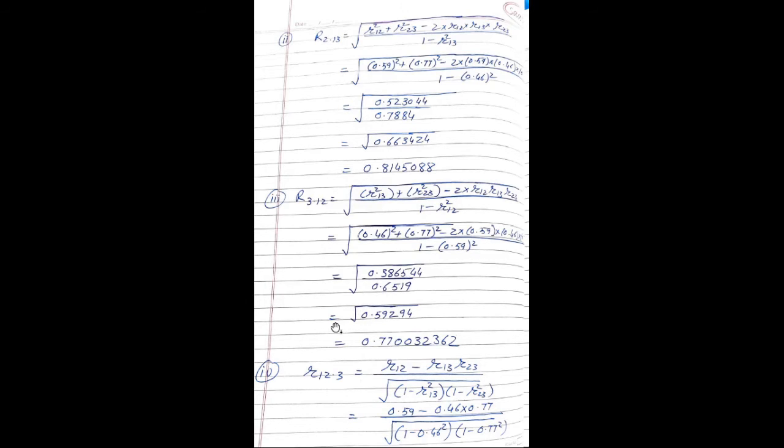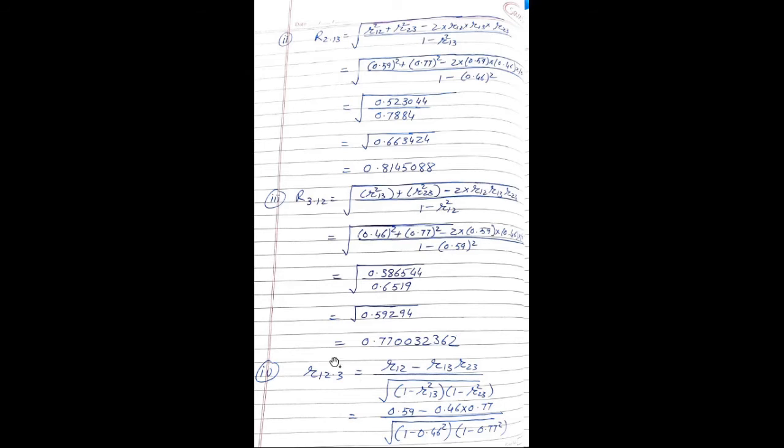The division is equal to square root of 0.59294. So take the square root, the answer is 0.770032362. So these are the three multiple correlation coefficients which already we have calculated.